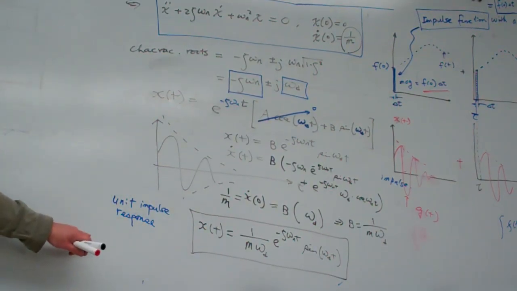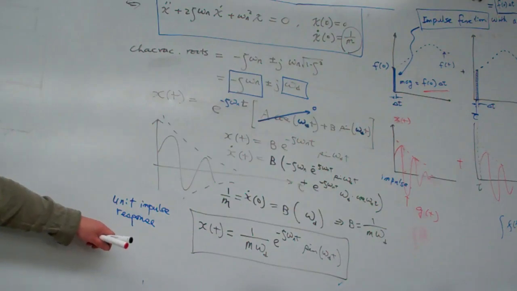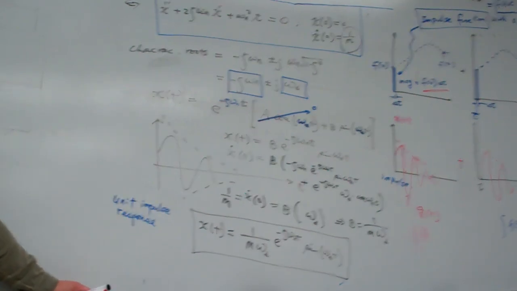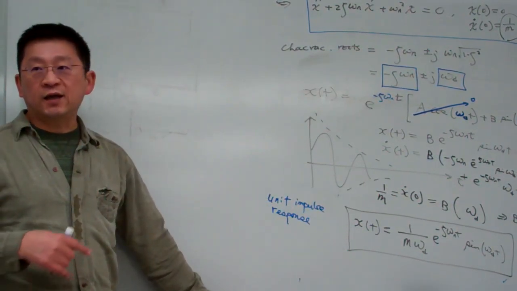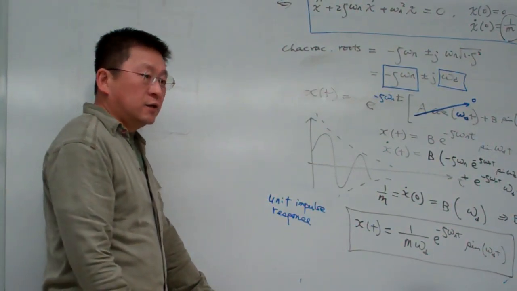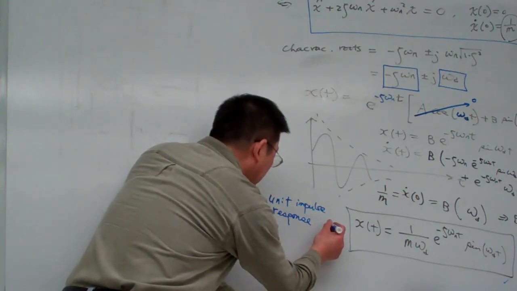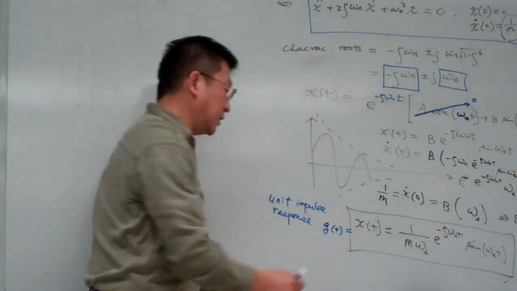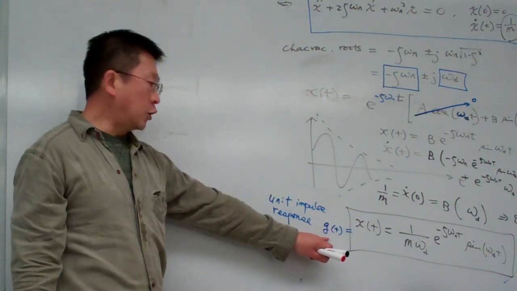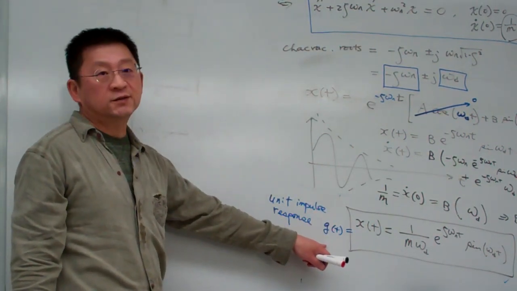That is a very special keyword, and if you adopt it, you should be able to find it in many places. If you type in unit impulse response, you can get it. In our textbook, it uses the special notation g(t). g(t) is the symbol for denoting the unit impulse response.